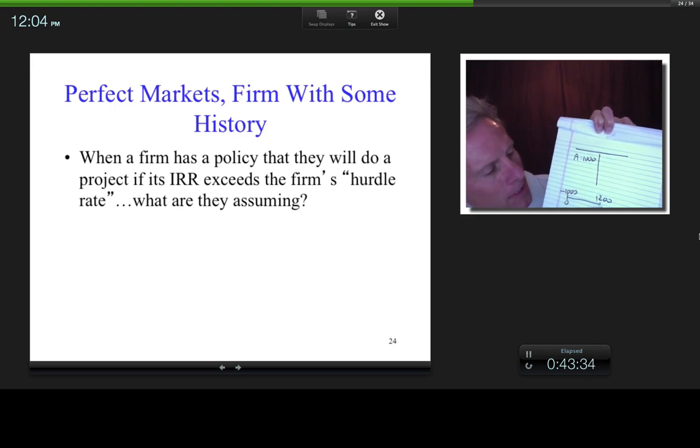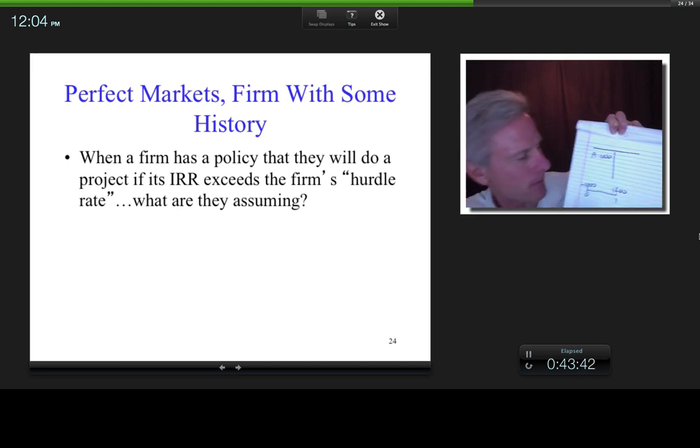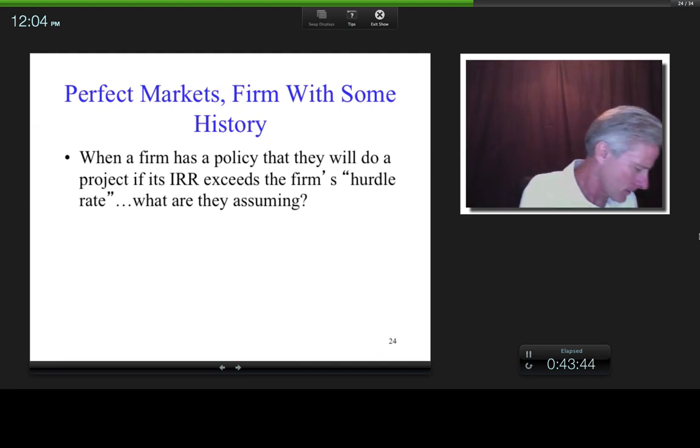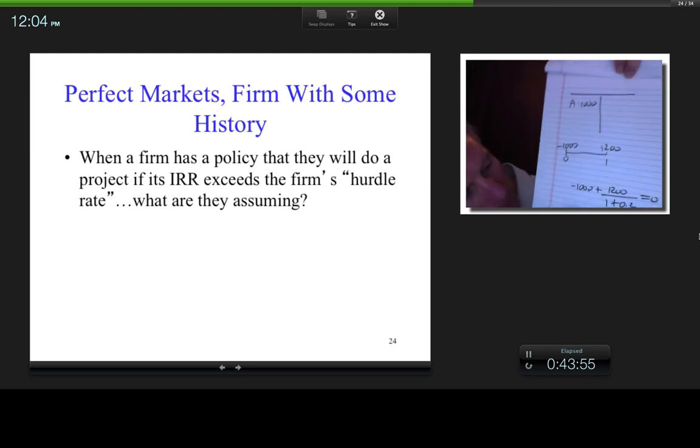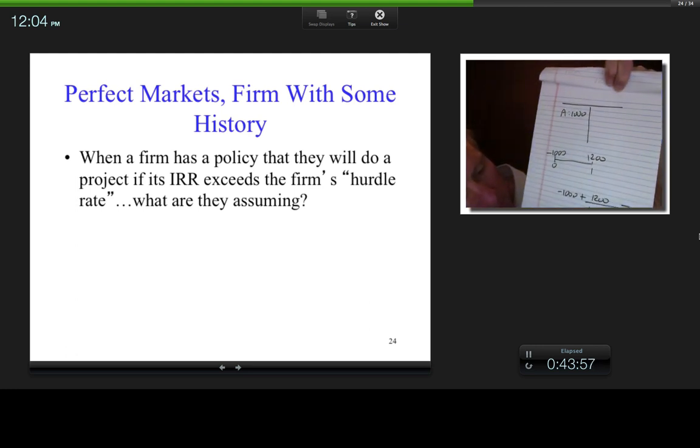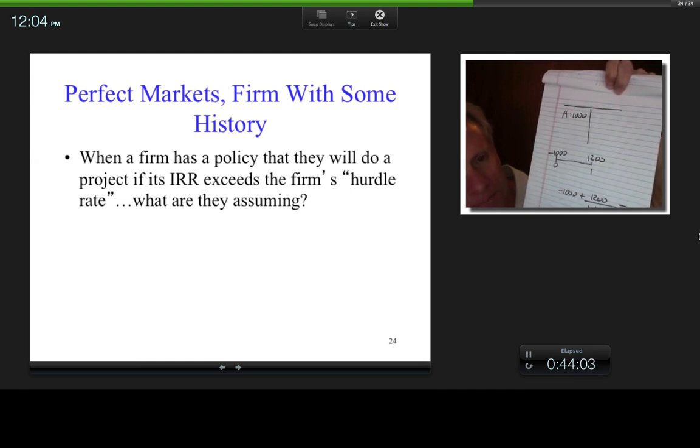Well, what kind of discount rate would give me a net present value of 0? It would be 20%, right? I'll show you real quick. Minus 1,000 plus 1,200 over 1 plus 0.2 equals 0. So this 0.2, that's basically the internal rate of return.